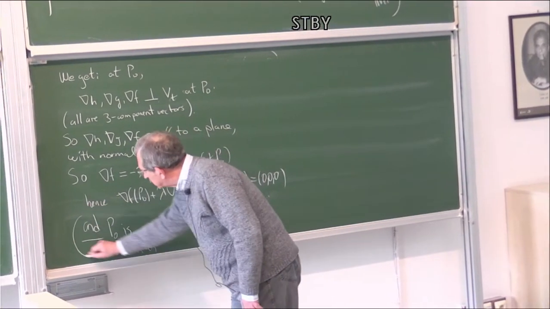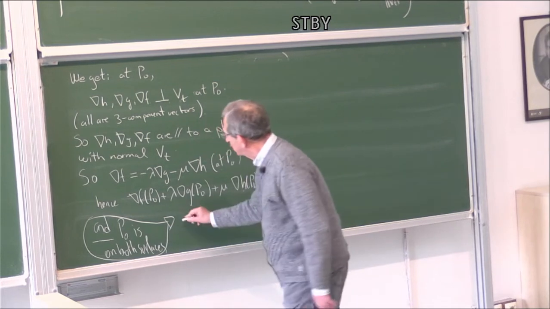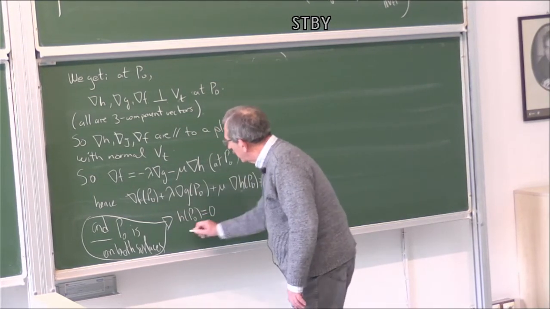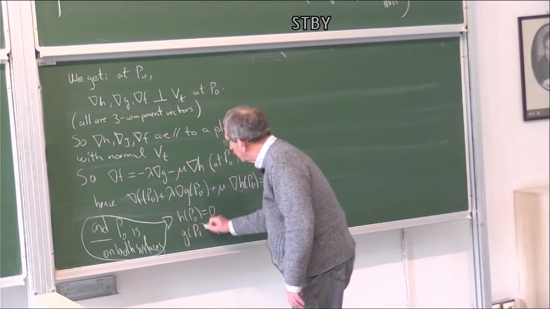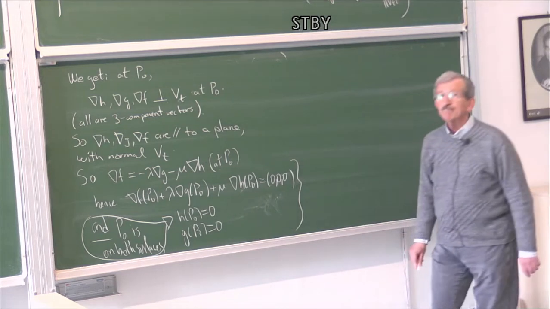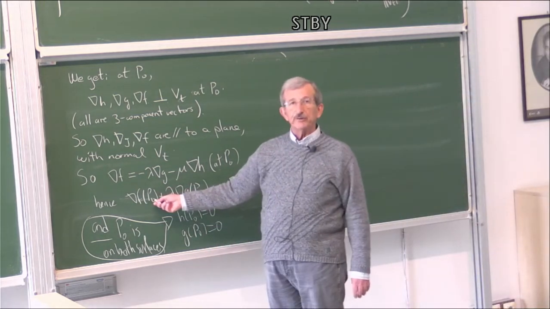Now, this says that H of P0 is 0 and G of P0 is 0. So this is the system. What does it say? We have three unknowns coming from P0.